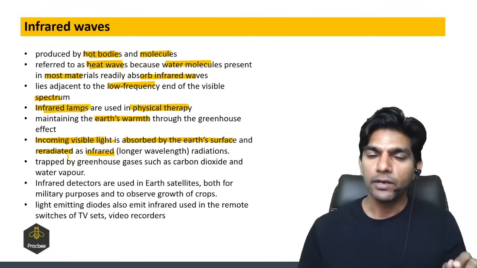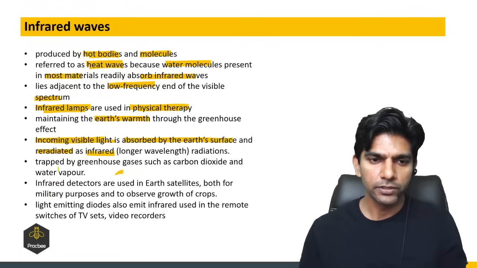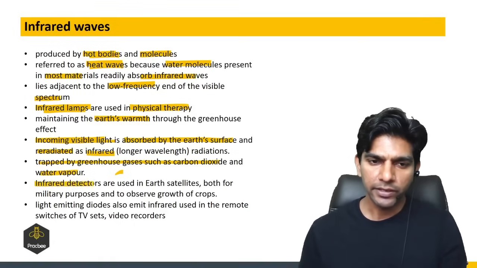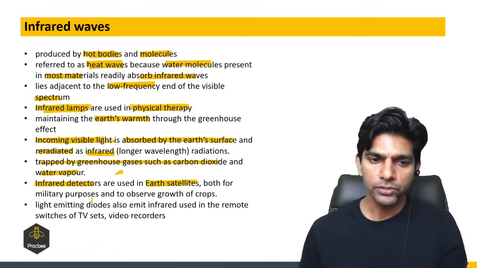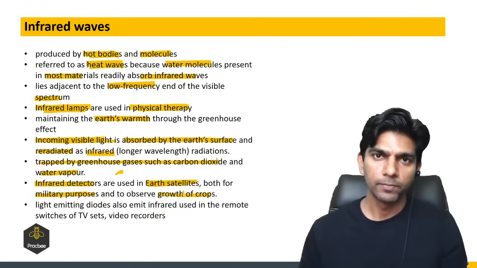These infrared rays are trapped by the water molecules and carbon dioxide present in the atmosphere, and due to this the earth is able to maintain its warmth. Another important application is infrared detectors, which are used in earth satellites, and these satellites are used for military purposes and to observe the growth of crops.